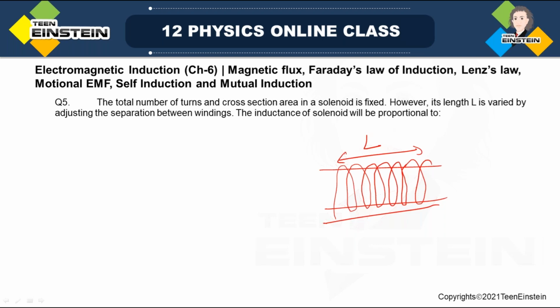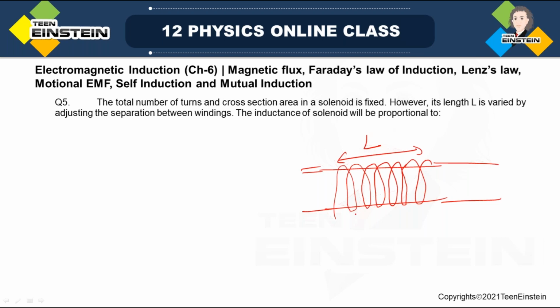This is L according to this problem. You may take a long core, doesn't matter, but the length of the solenoid will be taken as that portion of the core only upon which the turns are there.